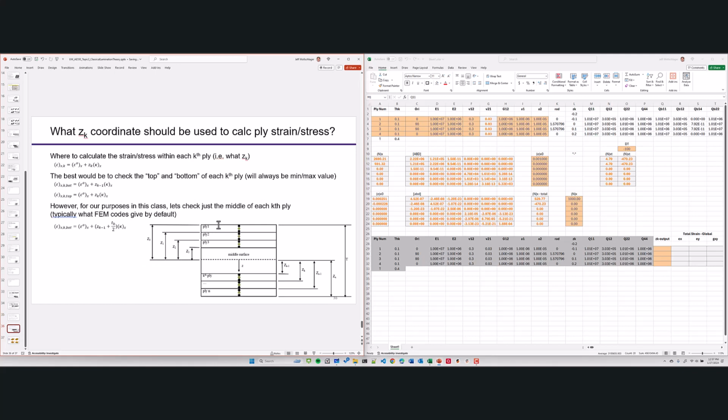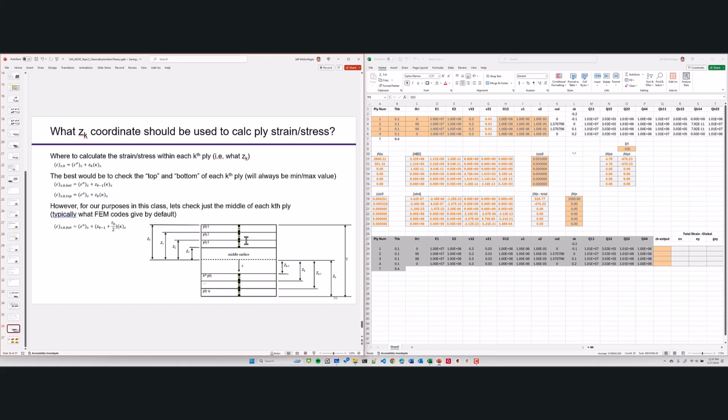So any z coordinate between z naught and z1 would be an acceptable z to get a result in for the first ply. Another example would be any z between z2 and z1 would be an acceptable z to get a result in for the second ply, and so on and so on.